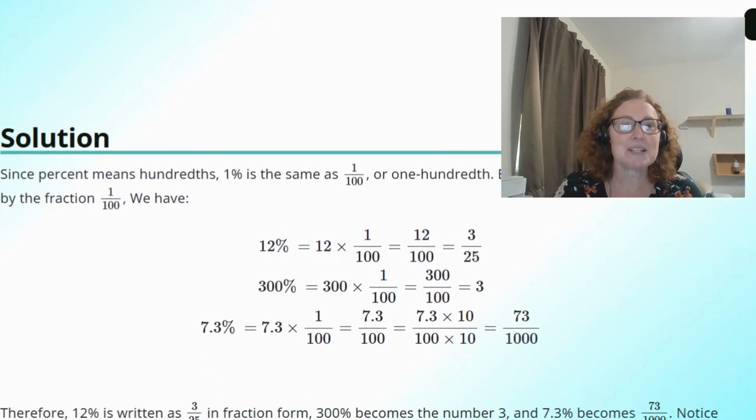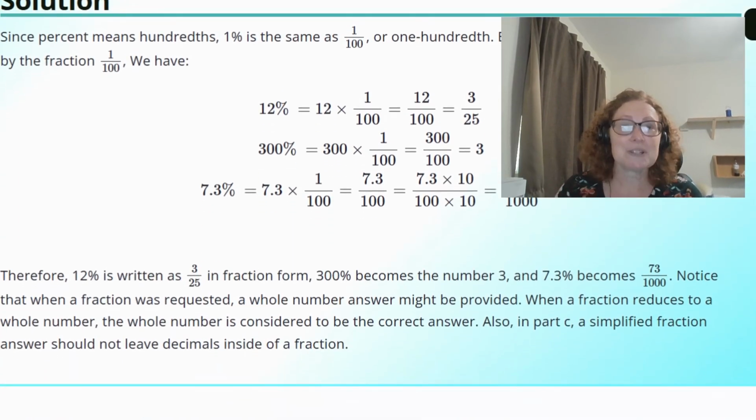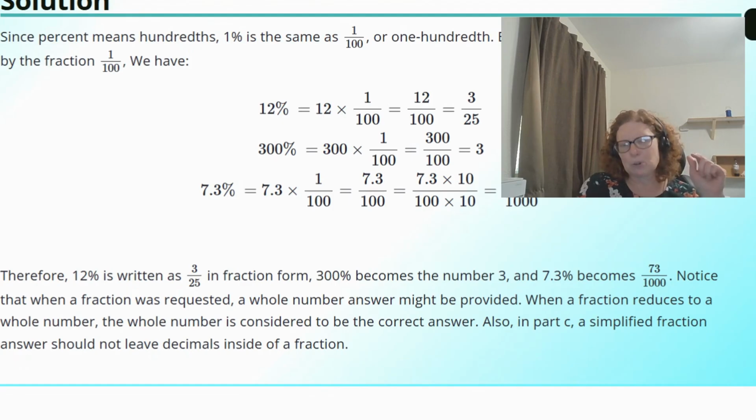So if you have 12%, you multiply it by 1/100, which is 12 over 100. Remember that if you have the whole number 12, it's really 12 over 1. It's understood. So you're multiplying 12 times 1, which is 12, and 1 times 100, which is 100.